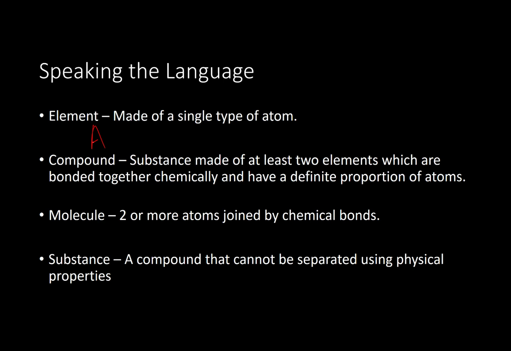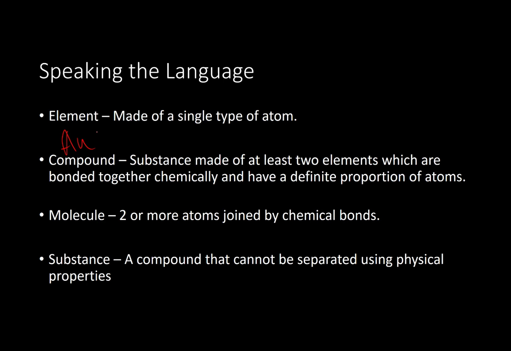Au. Okay, Au is gold. And you might be wondering why it's called Au. It's because in Latin, where the periodic table is based on, Au is short for aurum, A-U-R-U-M.